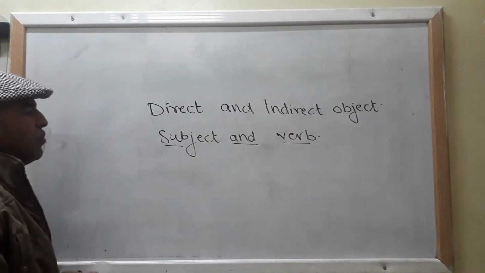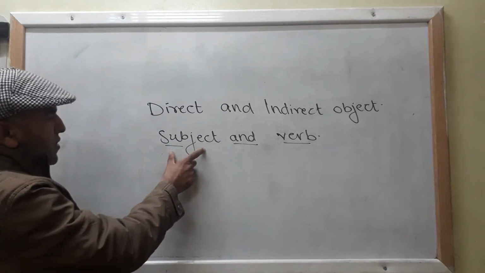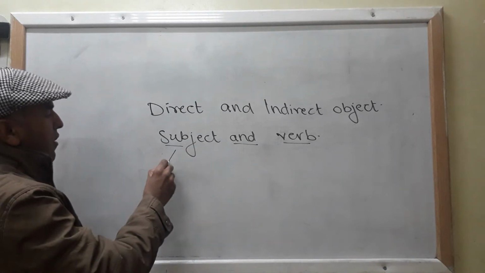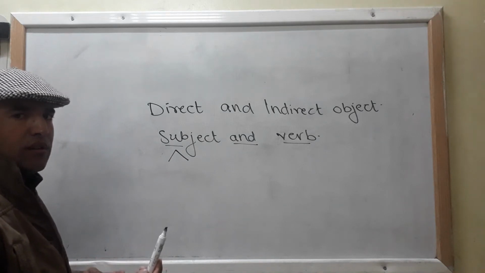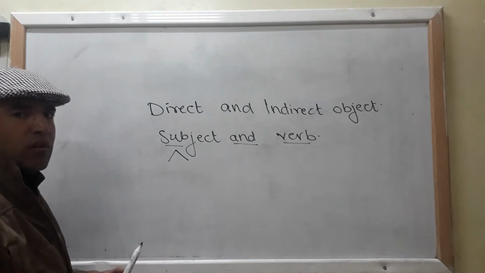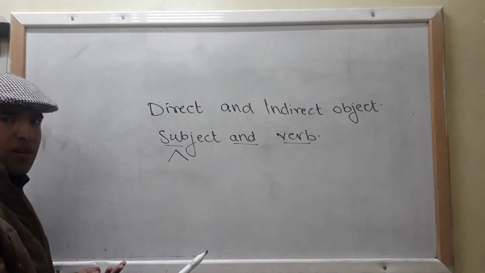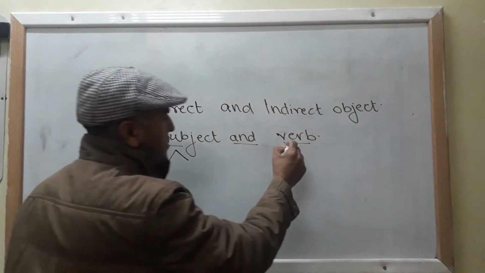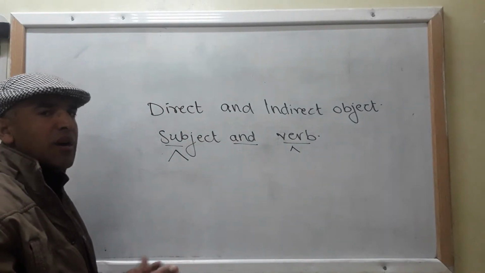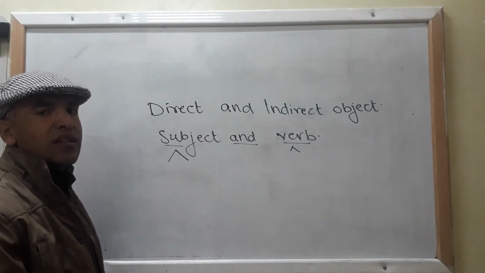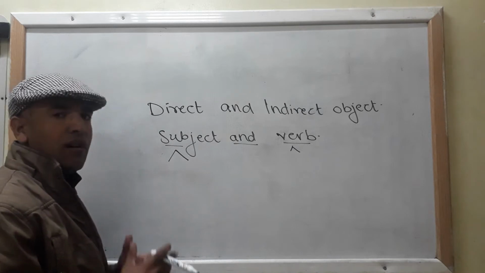So let me tell you in brief that subject is something or someone who does the action, meaning doer of an action. Clear? Or something or someone we talk about is your subject. Verb is very simple, any activity, any action performed or done by the subject. Now question arises, what is an object?